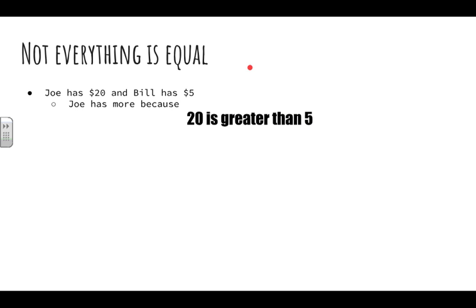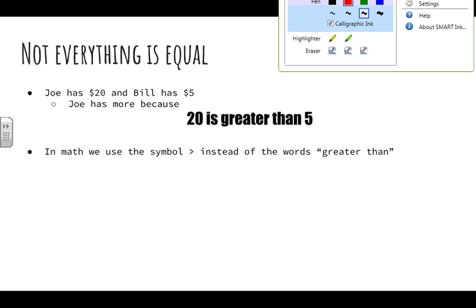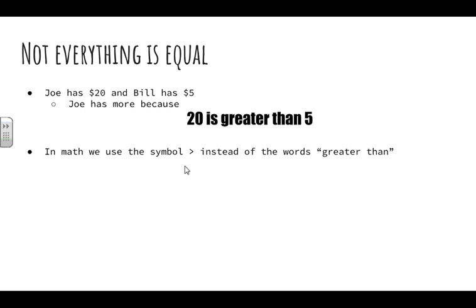So Joe has $20 and Bill has 5. Joe has more because 20 is greater than 5. In math, instead of using the words greater than, we use this symbol that kind of looks like a sideways caret. If we were to write this inequality out, it would look like this: 20 is greater than 5.